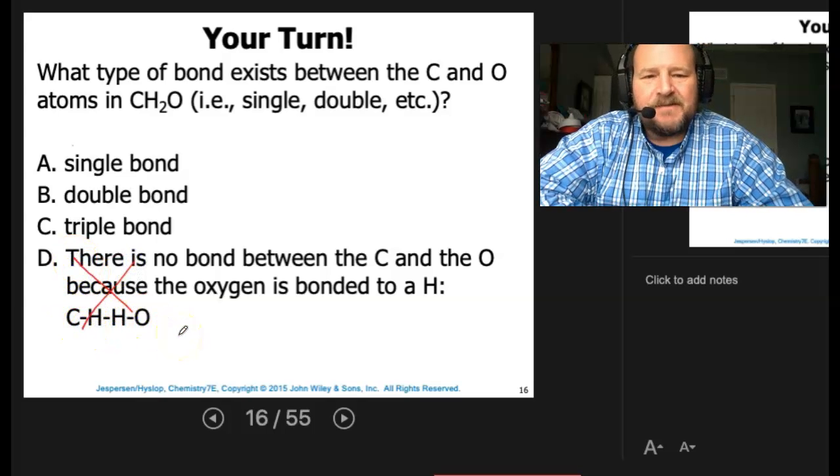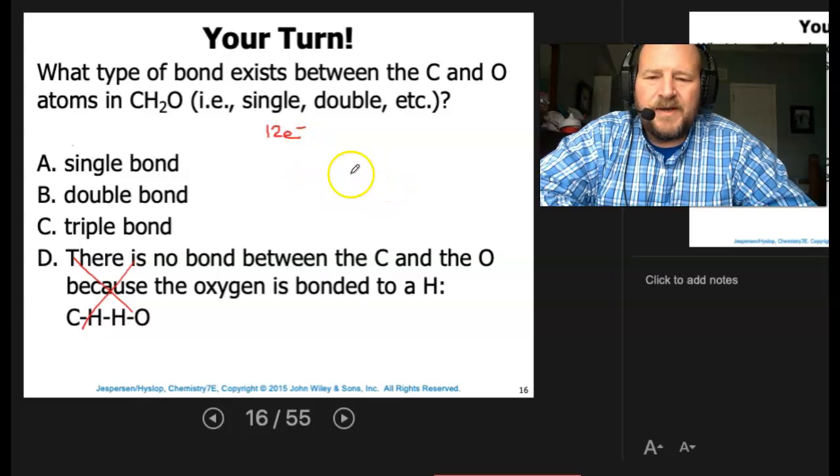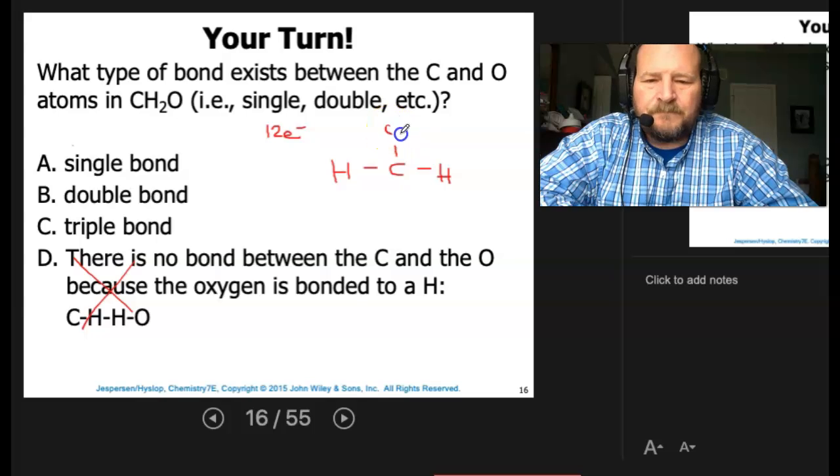Okay, so is it a single, a double, or a triple? If we look at our electron count, we have 4, 5, 6. We have 12 electrons total. We'll make single bonds to everybody. We know carbon's going to be in the center. We've used up 6 electrons, which means we have 6 left over.